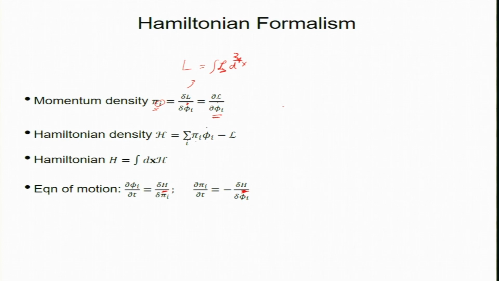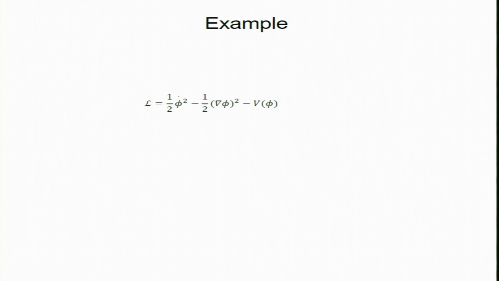I think I have an example. For this I am going to write down the Hamiltonian. This is the Lagrangian; the Lagrangian is a function of phi dot, but the Hamiltonian is a function of phi and pi.